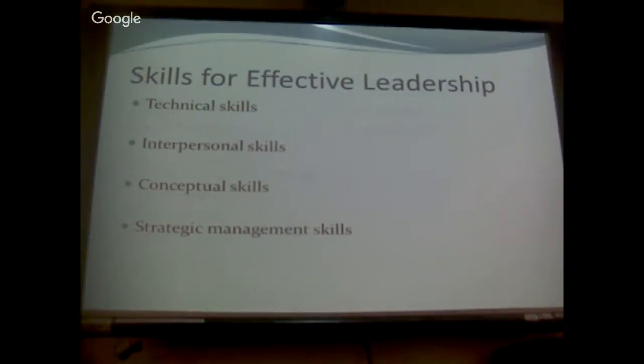If you think about a 21st century workplace, you've got an increasingly diverse group of people. So interpersonal skills are going to be a big determinant, depending on what the leadership situation is. Conceptual skills are the ability to engage in abstract reasoning, analytical, logical problem solving.